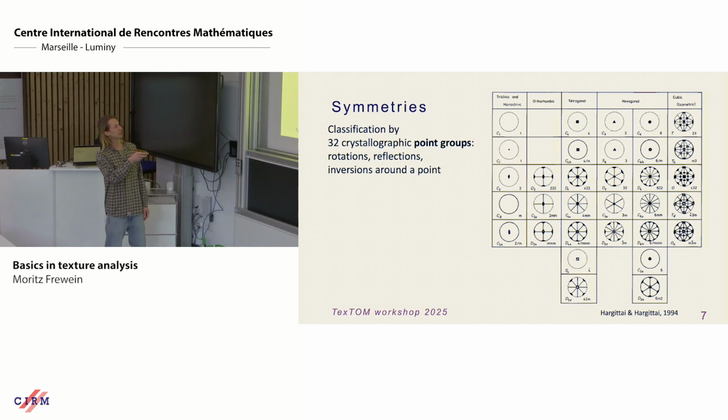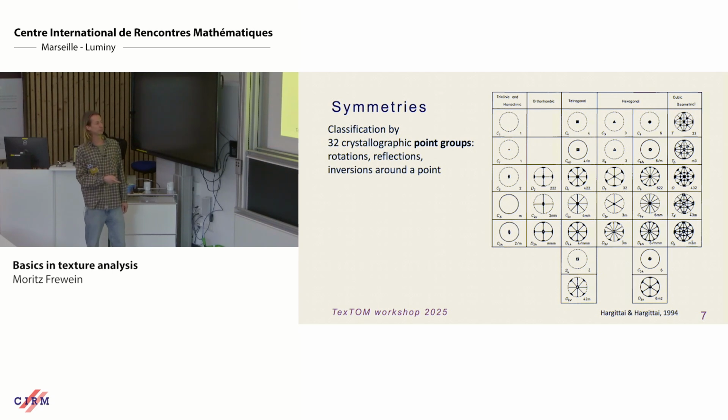The same here, we have a 4, so it's a four-fold symmetry around the same axis, which goes into the projection plane here. We have 3. And if there's a second number in this notation, for example, here 422, then we have a secondary axis. So we have one with a four-fold symmetry, but we have another 2 axes with a two-fold symmetry, and then there are more complex systems.